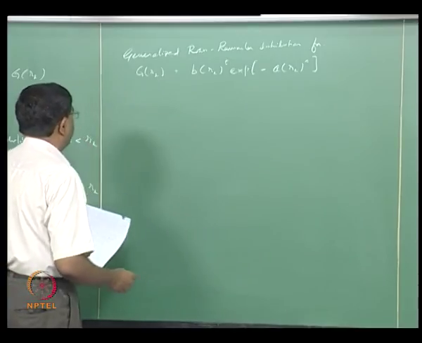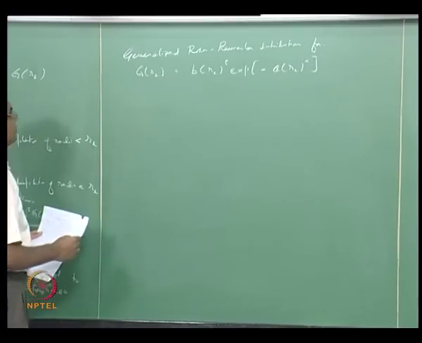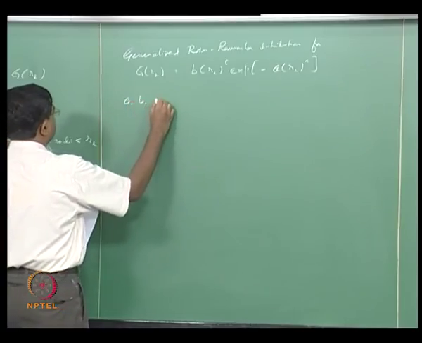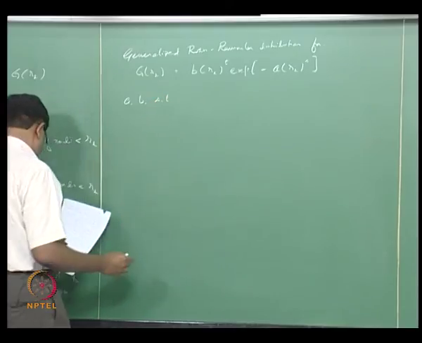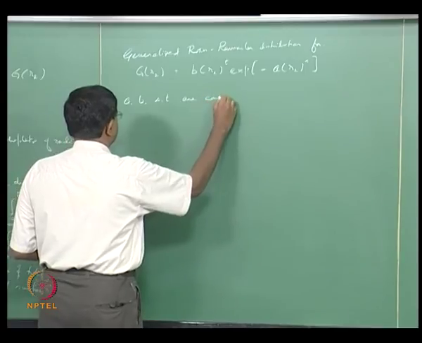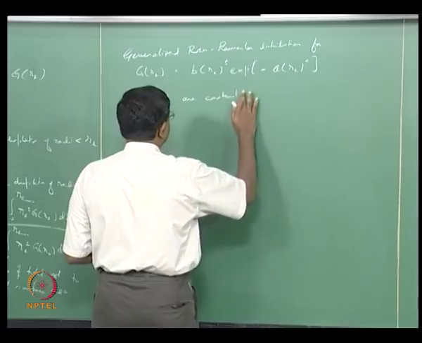So here A, B, S and T are constants, constant fitting parameters, that are used to fit the data to this distribution.